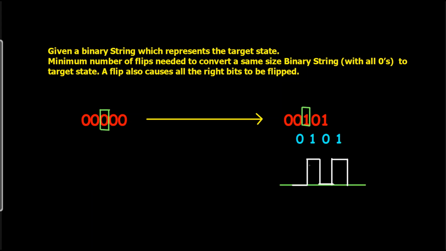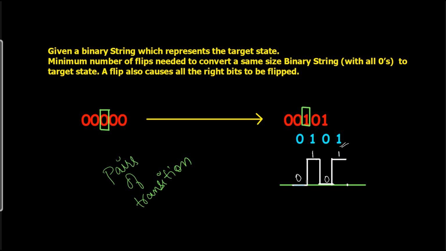So as to make this clear, I have drawn this binary number, which says first 0, then it has a transition from 0 to 1, then a transition from 1 to 0, and again from 0 to 1. Basically, this question is on pairs of transition.